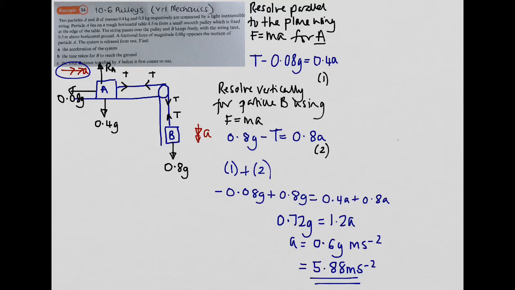And maybe this is where a highlighter pen would come in useful, because in the question it does say, if we go back, there's this piece of information here which says it's 0.5 metres above the horizontal ground. And therefore, I need to use that information because it's going to start moving and it's then going to move 0.5 metres and then it's going to reach the ground.